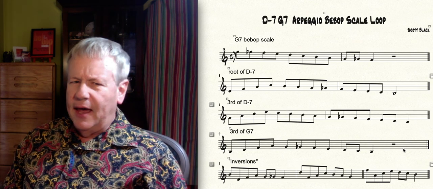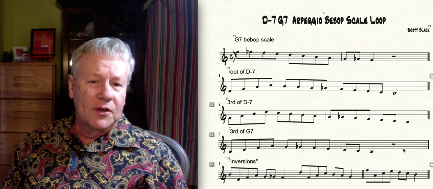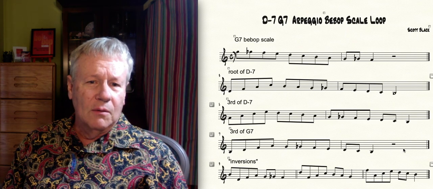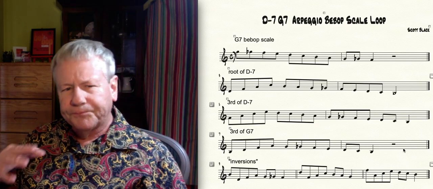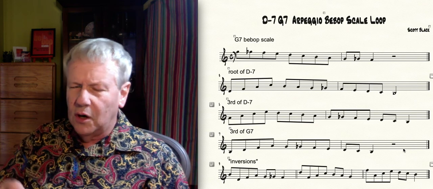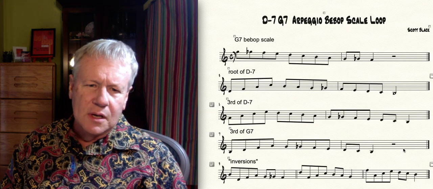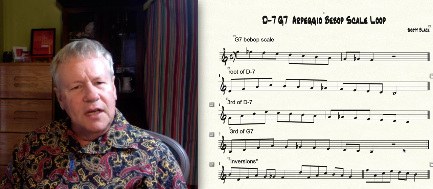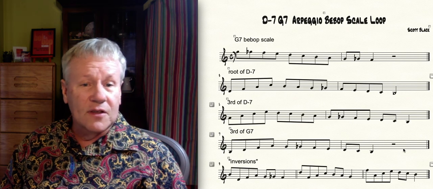And if I just want to ramble on and on, making sure I have this under my fingers, the reason I call it a loop is because chord tones always fall on the downbeat, and the arpeggio notes are B, D, and F, which is the 3rd, 5th, and 7th of the dominant chord.